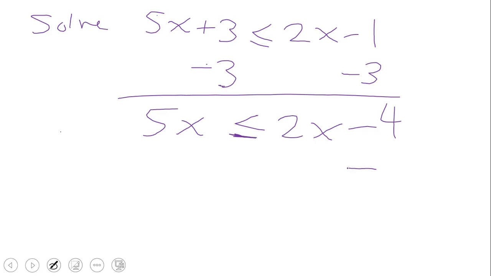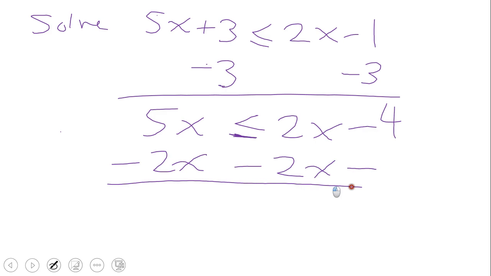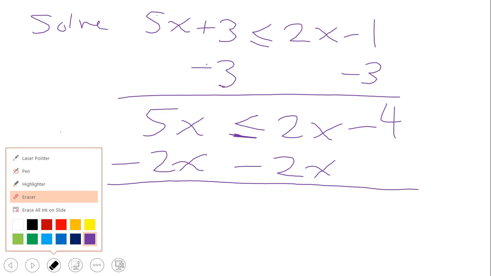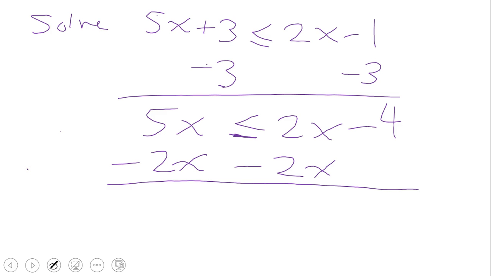So now I can subtract 2x, and erase this little stray mark. Now I have 3x is less than or equal to minus 4.